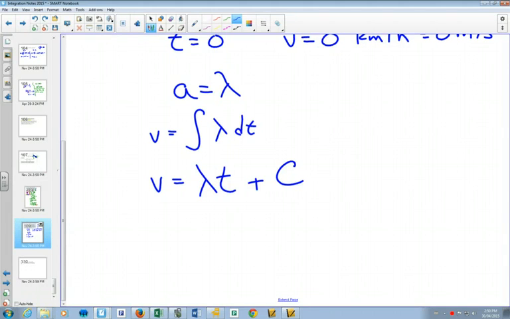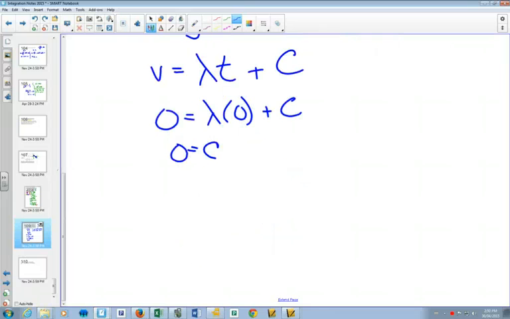And this is where our initial velocity of 0 at time 0 is really helpful, because if I plug in 0 here and 0 here, I can find out that c is equal to 0. So then our equation just becomes velocity is equal to lambda times t.